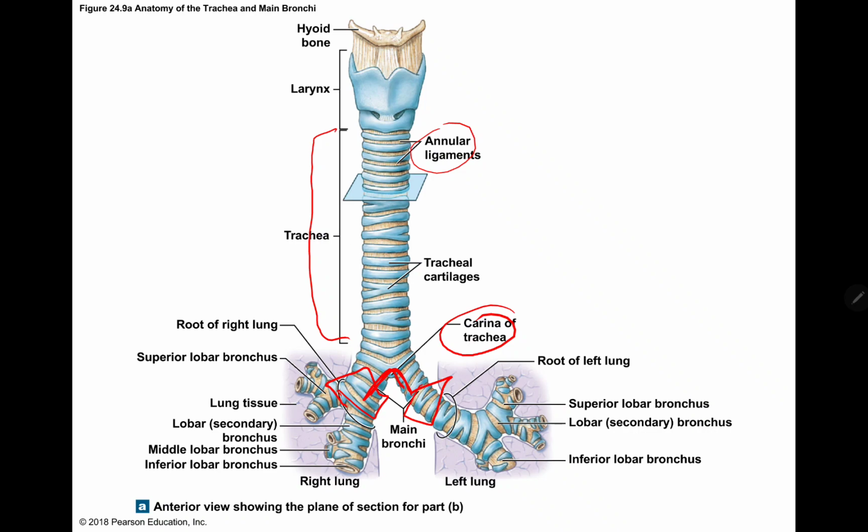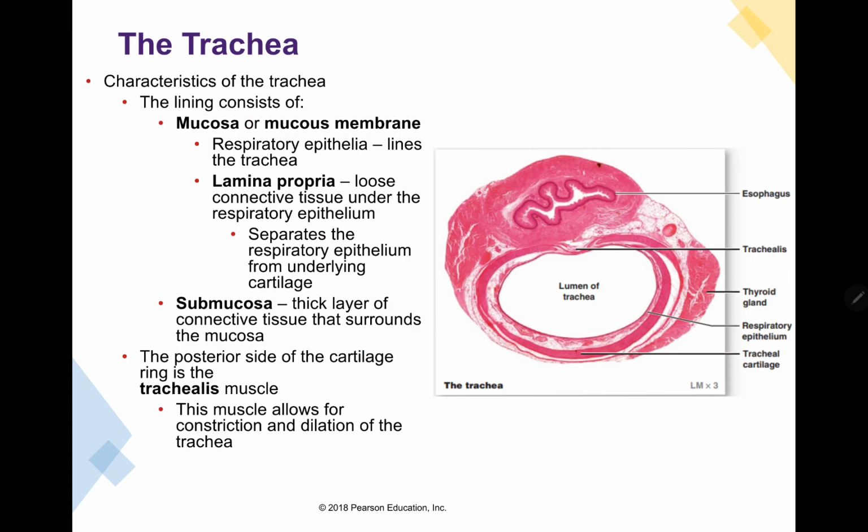But again, this trachea is around 11 centimeters long, 2.5 centimeters in diameter. And these tracheal cartilage rings are going to be C-shaped, so they're not going to be a whole circle enclosing a complete ring. And why?